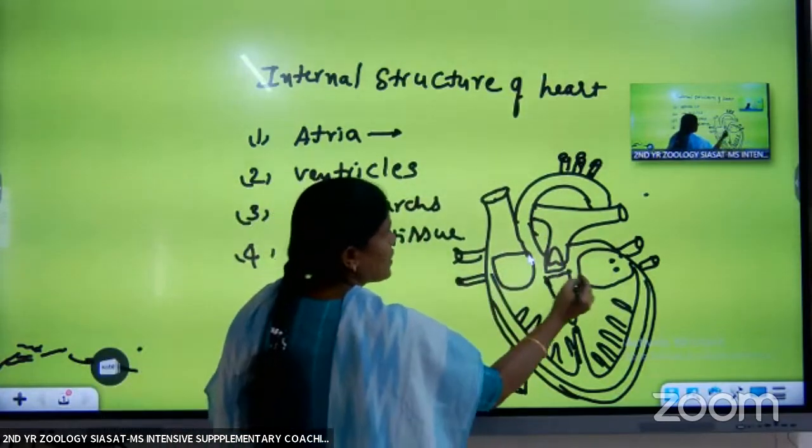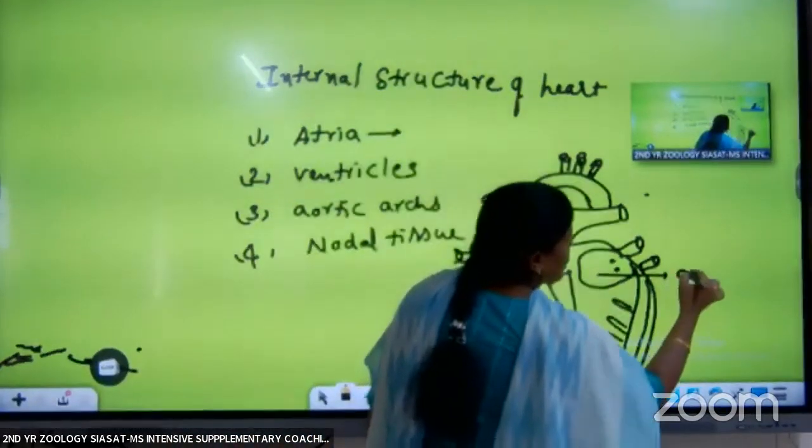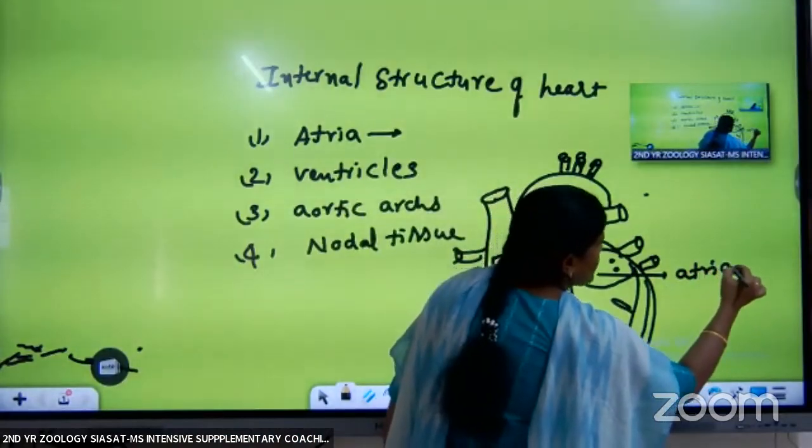Here are the upper chambers. These are called the atria, also called the auricles.